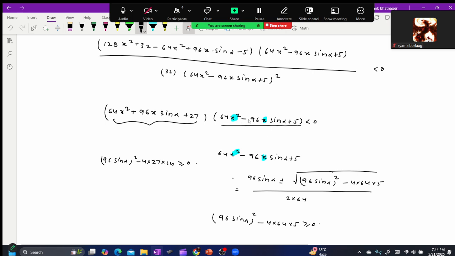Otherwise, there is no point of it having the imaginary roots. Understood? Yes.